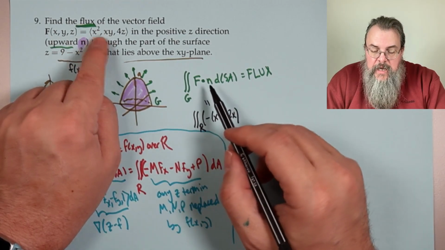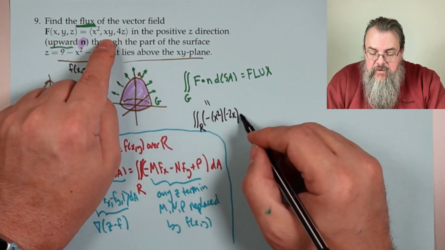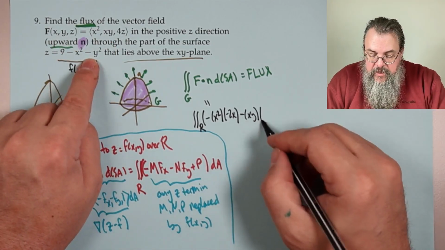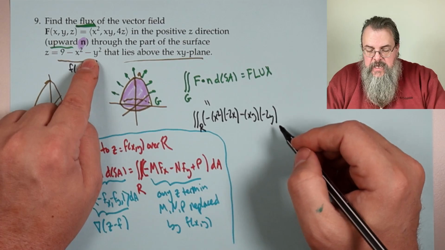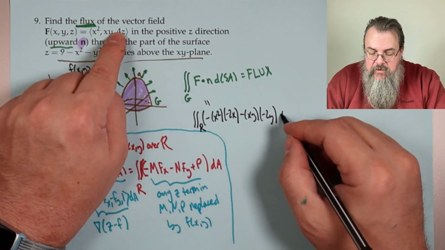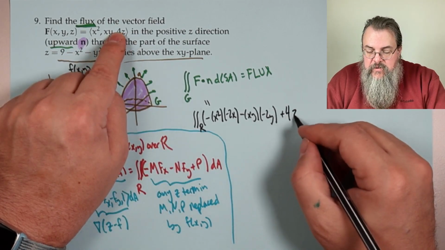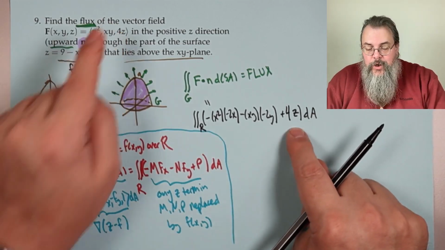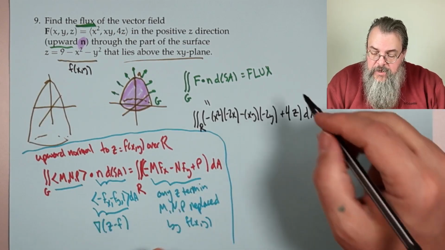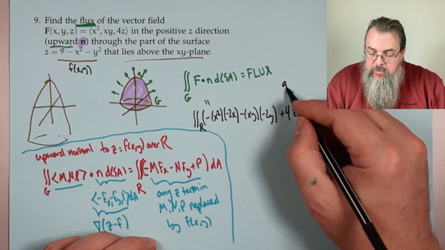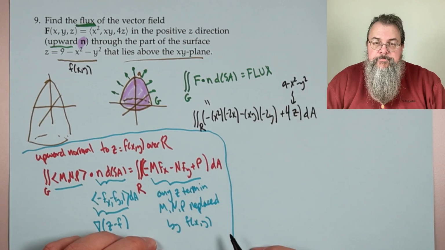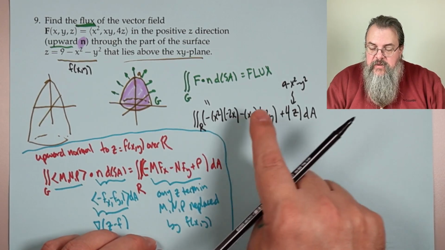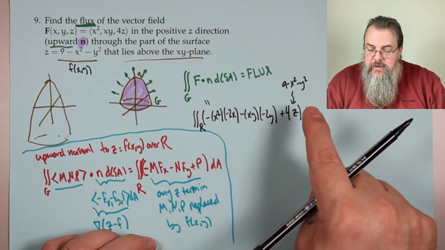It's just literally M and P. So minus xy times f sub y, minus 2y, plus P, plus 4, and I'll write z here for right now, but then we say, wait, we can't have a z because we're going to be in the plane, so we're going to replace our z here by 9 minus x squared minus y squared. Okay, so minus M fx minus N fy plus P.